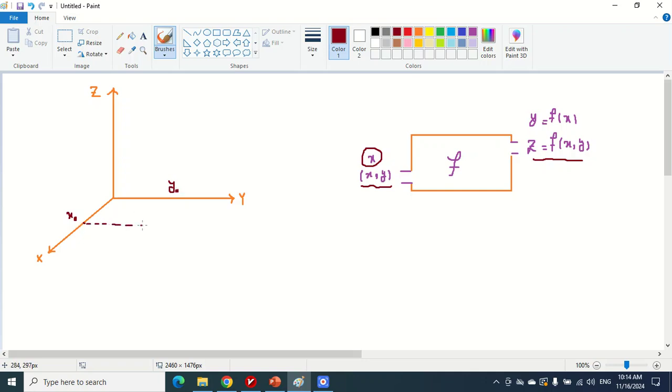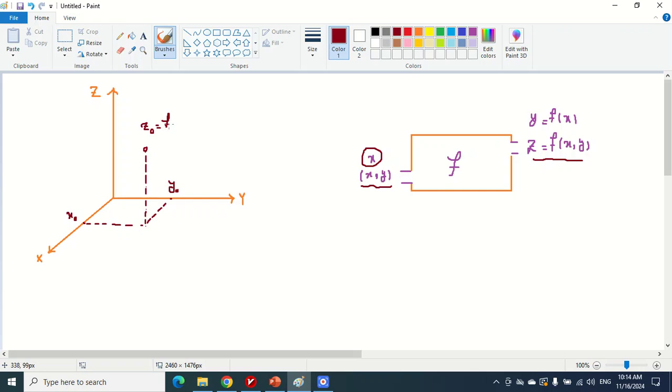Let me put the x node and y node in place to sketch the graph of the function. In this case we have x node and y node, and the height of the point at the given intersection is denoted by z node, and it is equal to f of x node and y node.